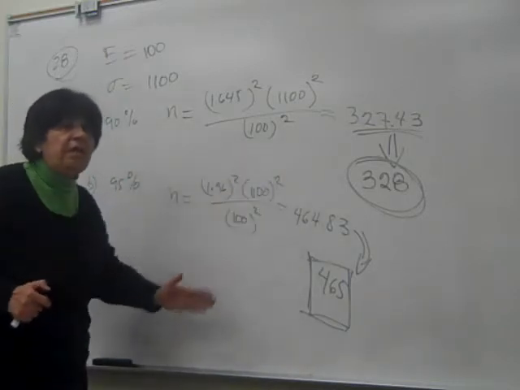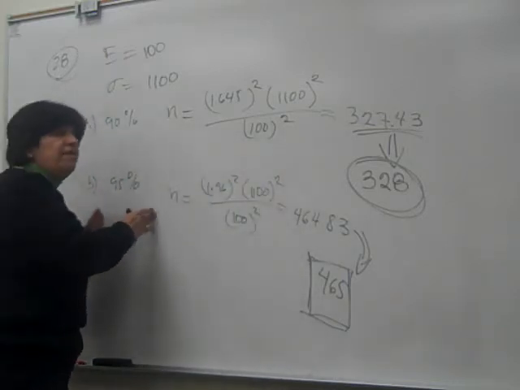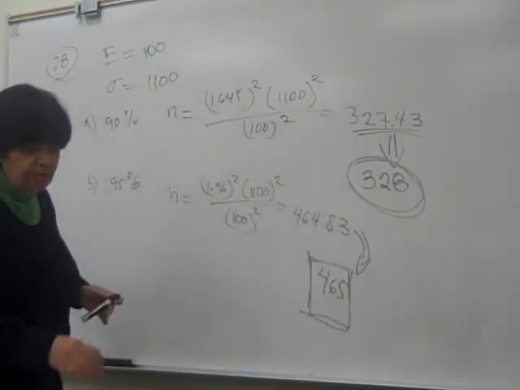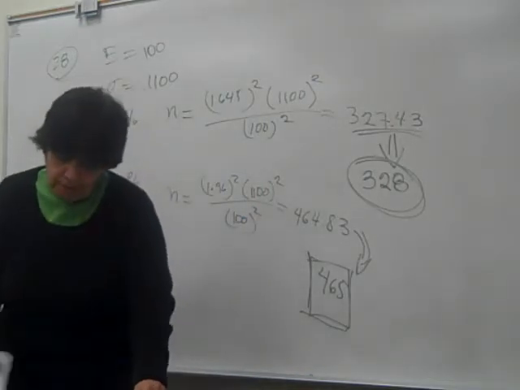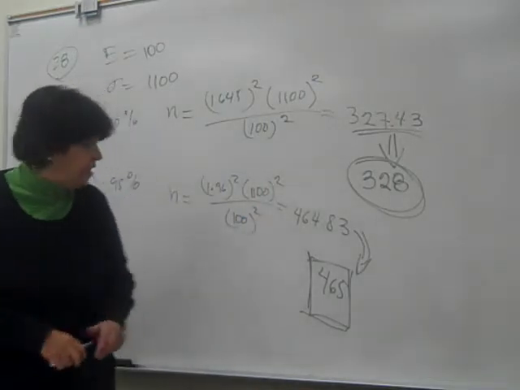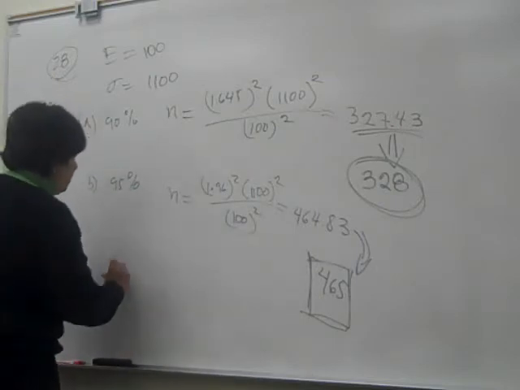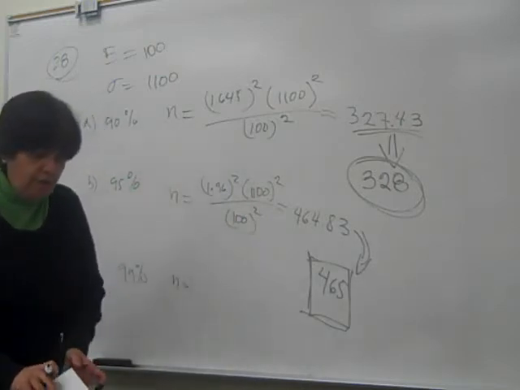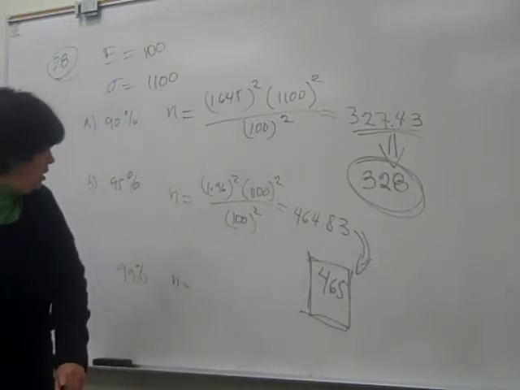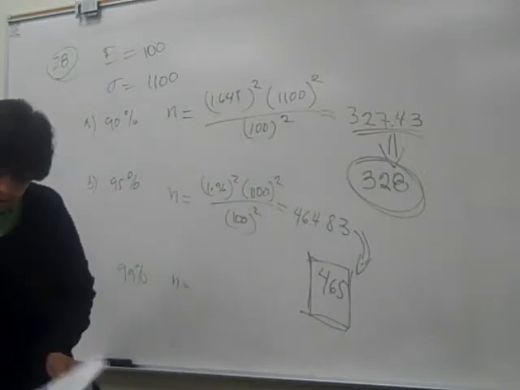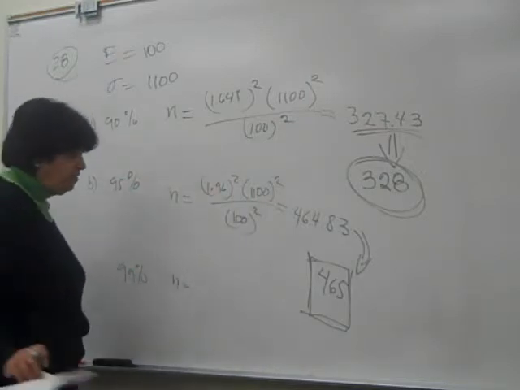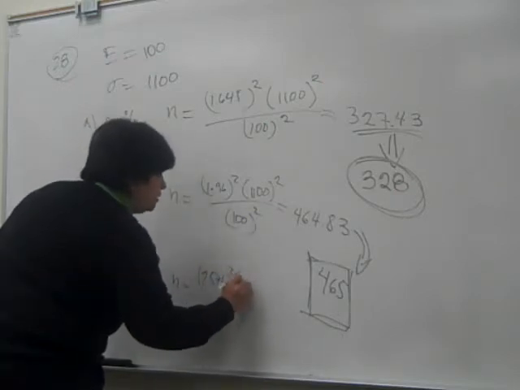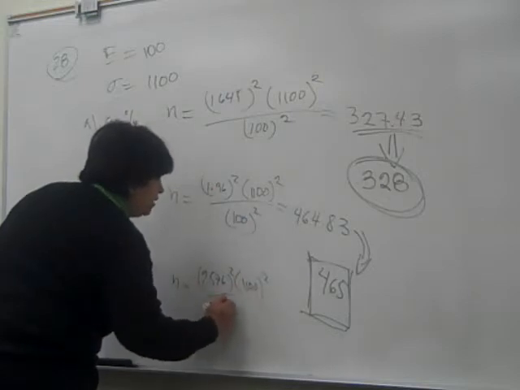So if you realize this, the higher the confidence level, the higher the sample size has to be in order to achieve that particular situation. For a 99%, it's exactly the same thing, but I'm not going to do it. For the 99, my z is equal to 2.576 squared times 1100 squared divided by 100 squared.